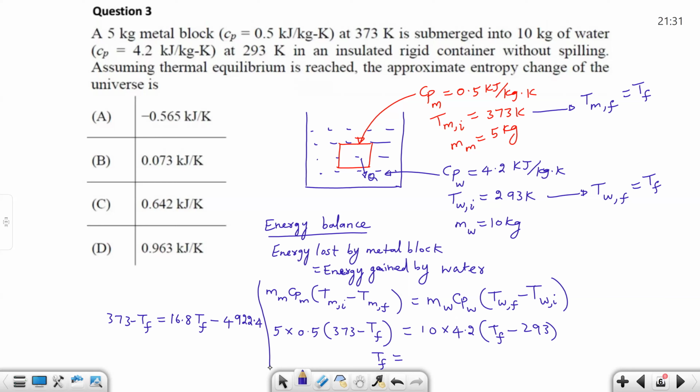So the final temperature will be 297.5 Kelvin. Okay, so you got the final temperature.